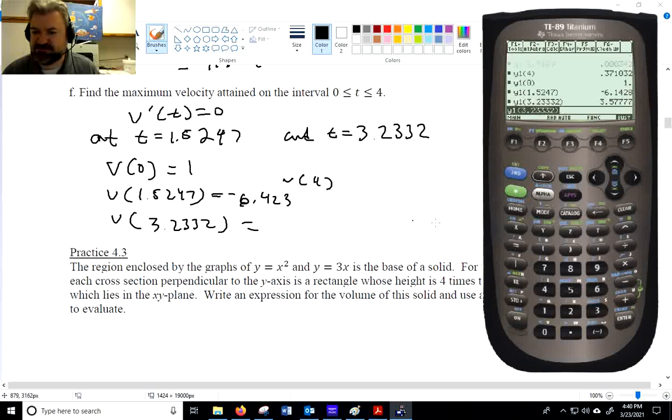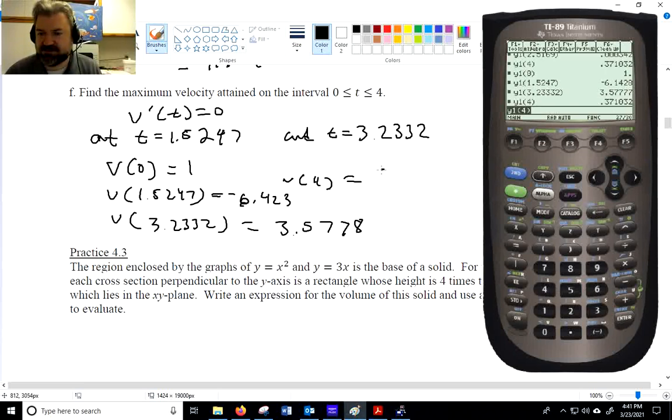Oh, too many parentheses. 3.5778, something like that. And then finally y of 4, which is 0.371. So by the candidates test, we know that the maximum velocity obtained is 3.5778.